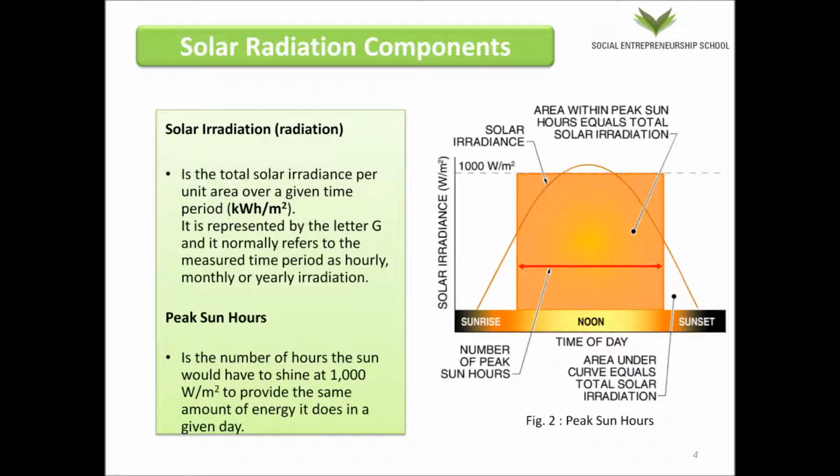If you integrate the solar energy during this period under this curve and normalize it to 1000 watts per square meter, you get the total number of peak sun hours. This is an indicative value for the solar resource existing on a certain site. The higher this value, the more your solar panels will produce for a given site.